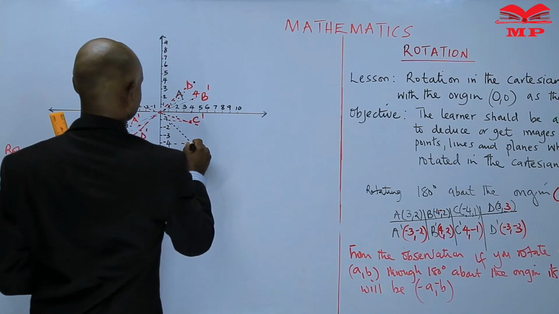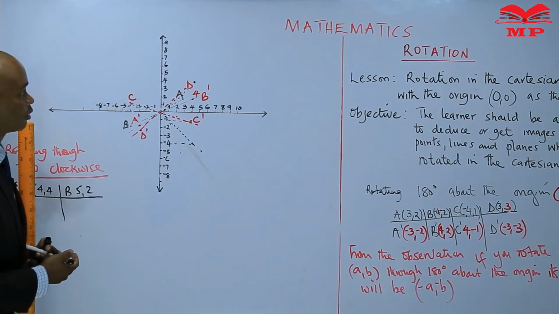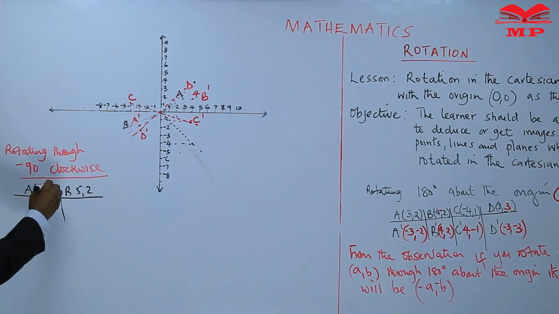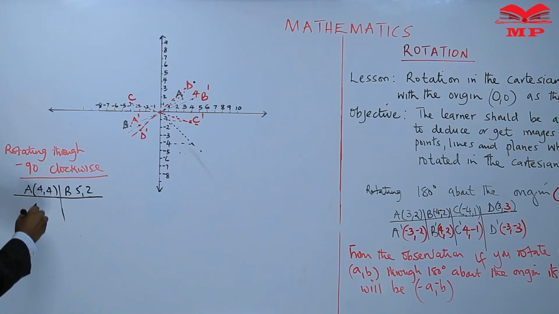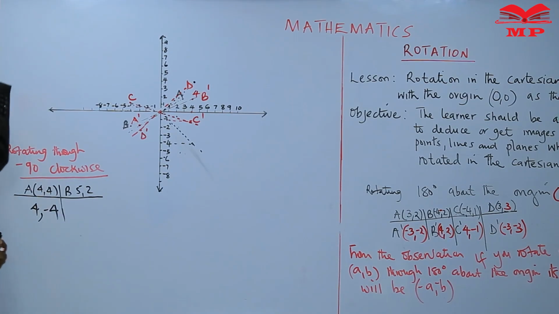Look at what you'll have. It will change to 4, -4. Now let's look at 5, 2.